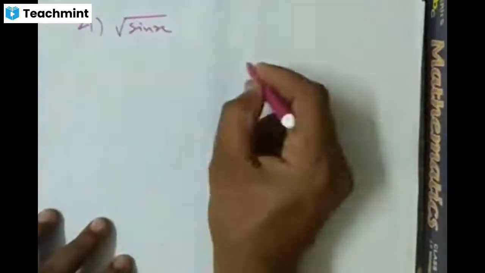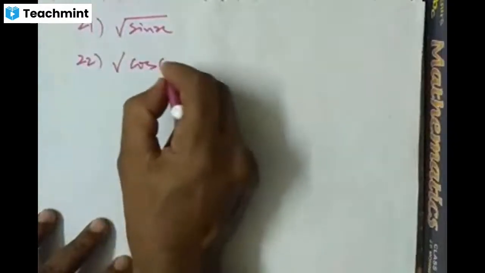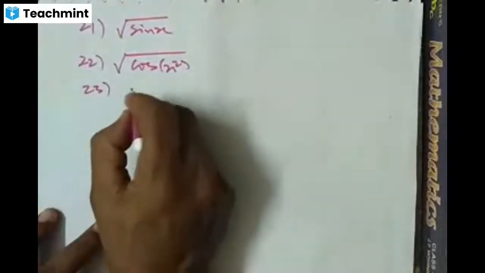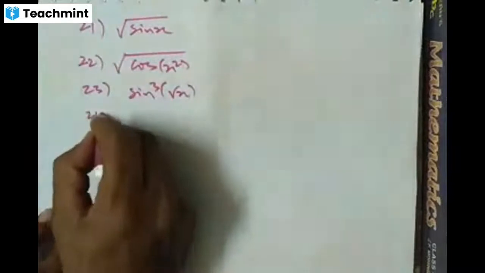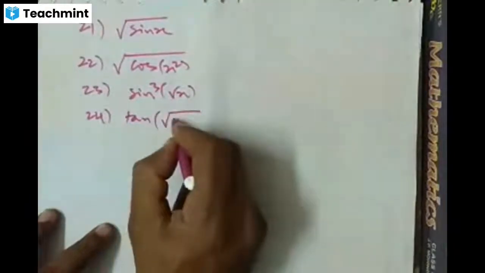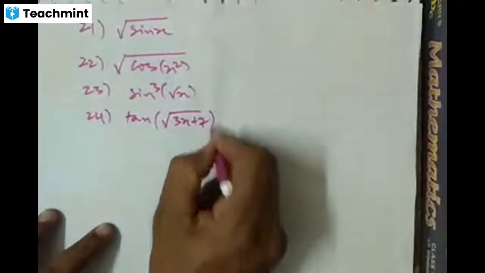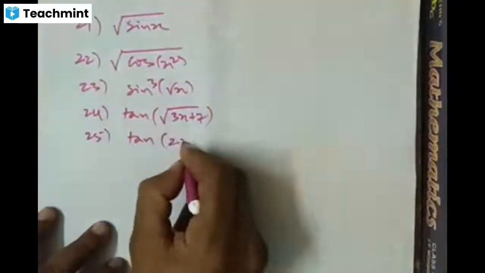root of sin x. 22nd, root of cos of x square. 23rd, sine cube of root x. 24th, tan of root of 3x plus 7. 25th, tan of 2x plus 3.